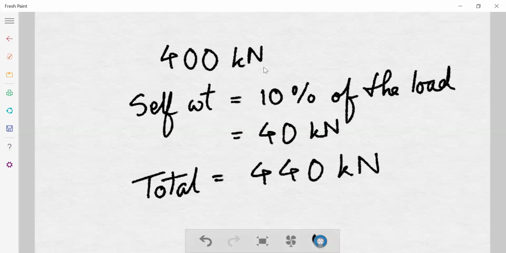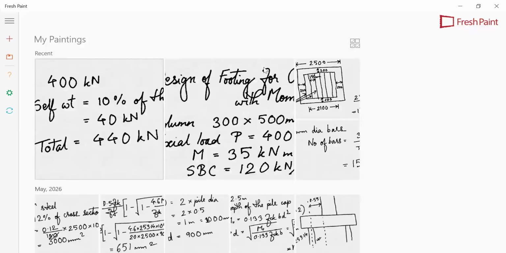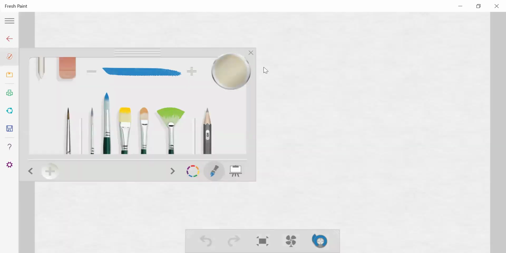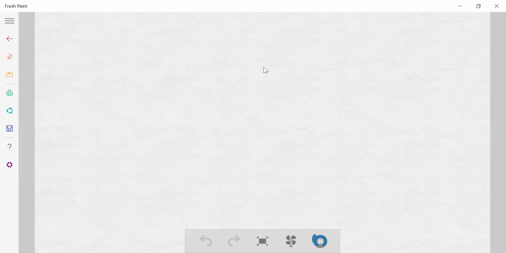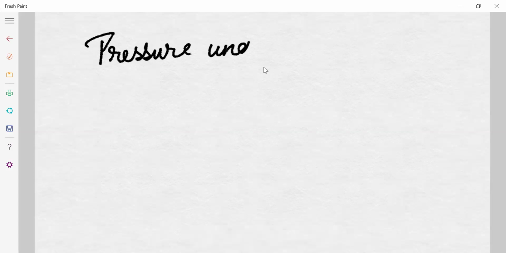Now when there is a moment along with an axial load, the stress calculation is a little bit different. Let me write the formula for pressure under a footing when there is a moment.